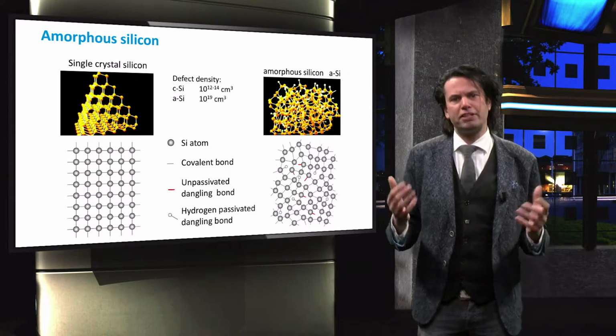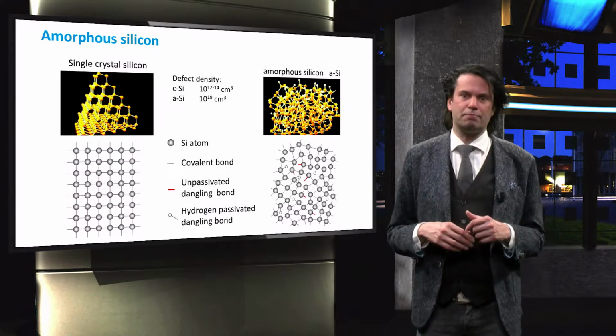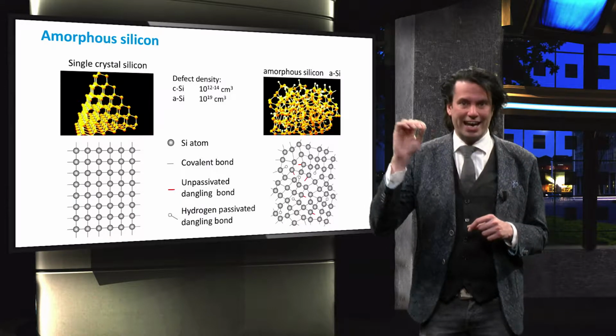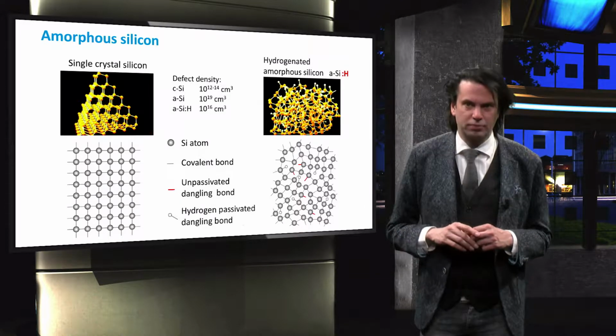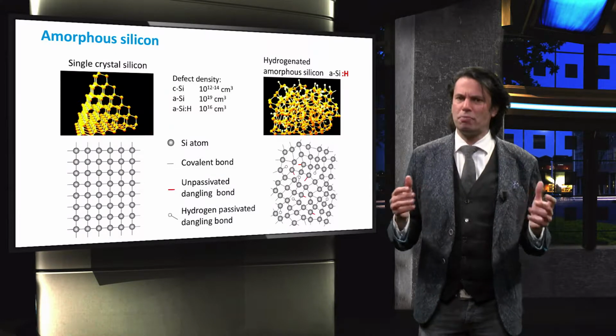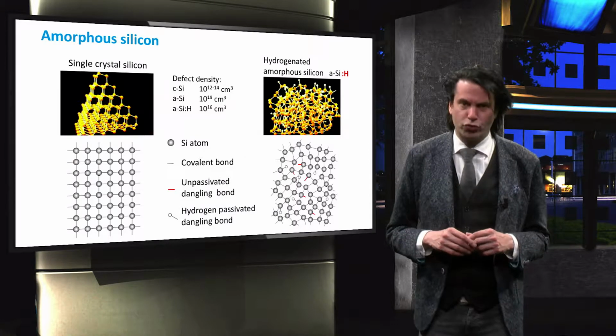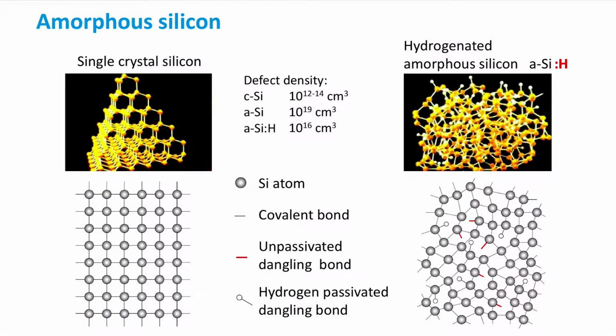A hydrogen passivated material is indicated by the addition of colon H to the abbreviation. Often, however, the term hydrogenated is left out for simplicity. The hydrogen treatment reduces the defect density in amorphous silicon films by about 3 orders of magnitude.